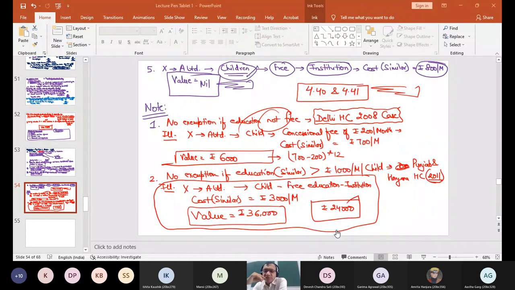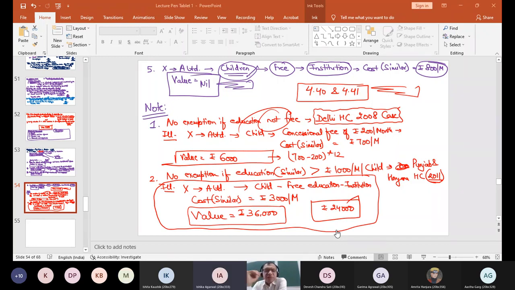Why 24,000? Ishika, your hand is raised. Is it that you are in favor of 24,000 or you forgot to lower your hand? Sir, I forgot.